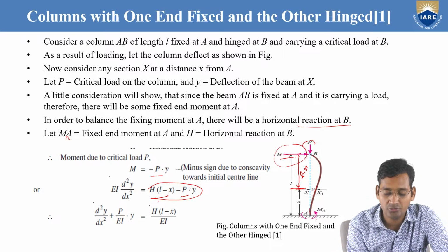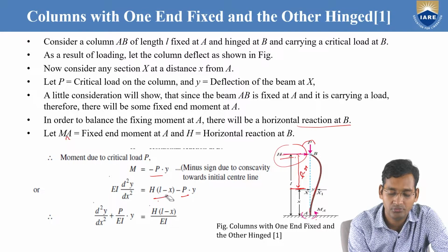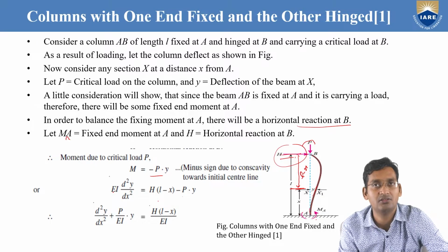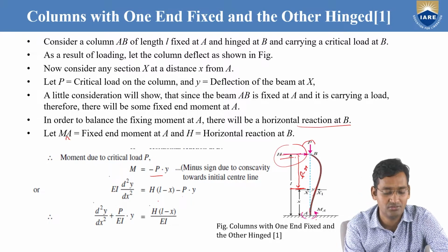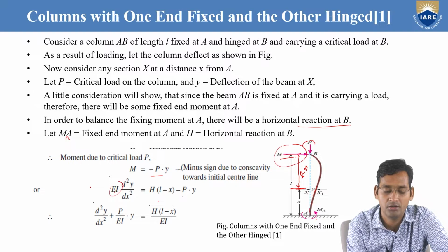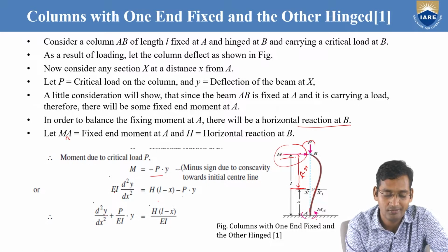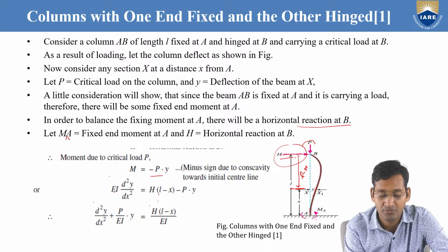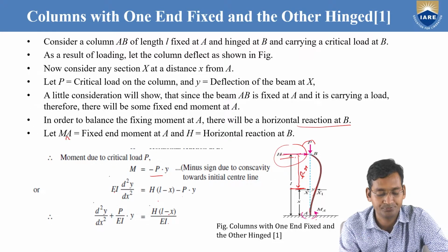Next, what we have to do? Same again, take this Py to the other side and divide by EI, because the coefficient should be 1. So dividing each term by EI, we get d2y by dx square plus P by EI into y equals H(L minus x) by EI.